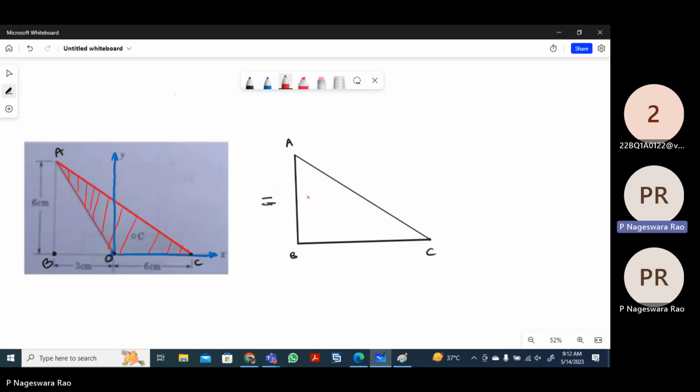The origin is here. I'm making a choice of this one. I'm writing the origin here.